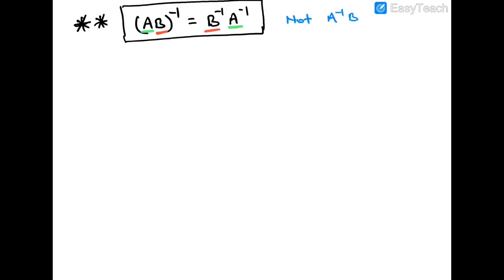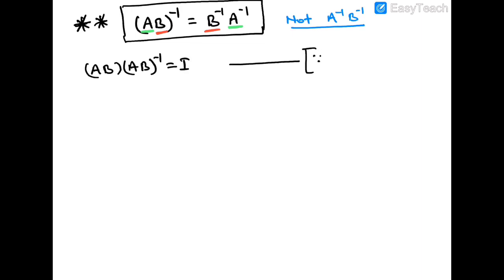For that, let's write AB times AB inverse is equal to I, because we have just proved that A times A inverse is equal to I. So here A is equivalent to AB. So AB times AB inverse is equal to I. Now multiply A inverse both the sides.